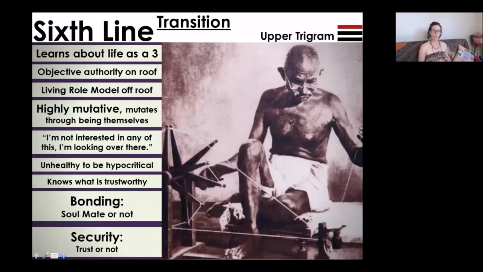Their bonding strategy is they're looking for a soulmate. So if you're looking at a 6-2, the first thing that person is looking for when they're connecting with you is a soulmate. That's a pretty high standard to have. With 6-2s, I always feel a little bit of pressure to be a better person, to be a more ideal expression of myself, because they are really kind of an ideal person.